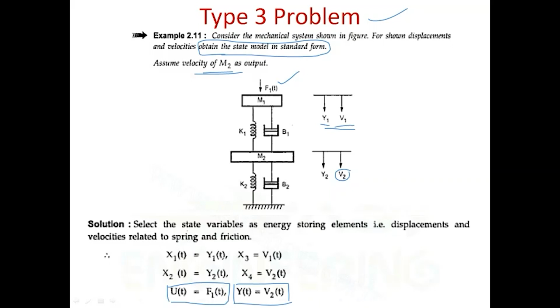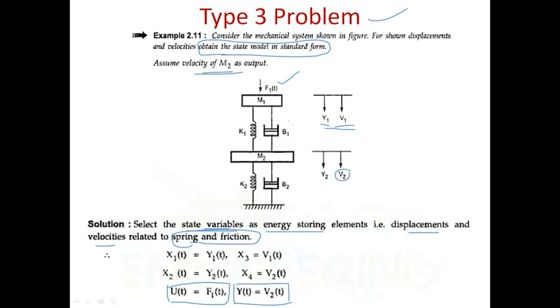Next, we must select the state variables. In electrical network, we used to take the state variable as the energy storage elements, that is inductor and capacitor. For a mechanical system, the spring and the dashpot are the energy storage elements. Therefore, we must take the displacement and velocity as the state variables in mechanical system.